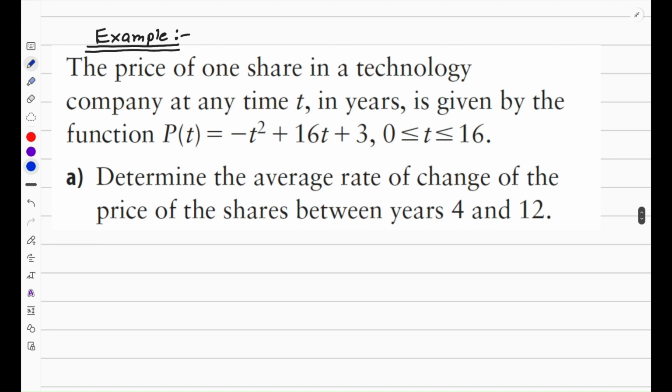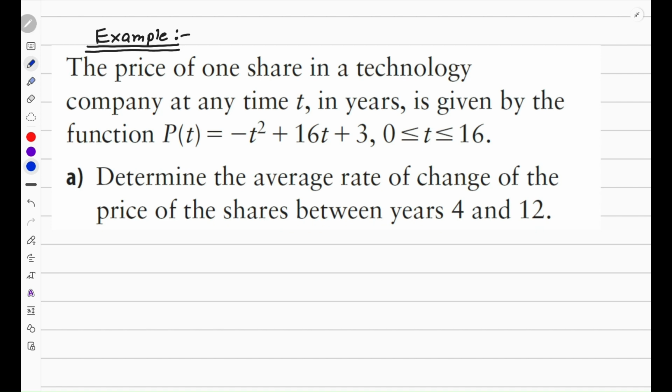In this example, the price of one share in a technology company at a time t in years is given by a function P of t, which is given to us, and the time duration is also given. So we have to determine the average rate of change of the price of the share between 4 and 12.